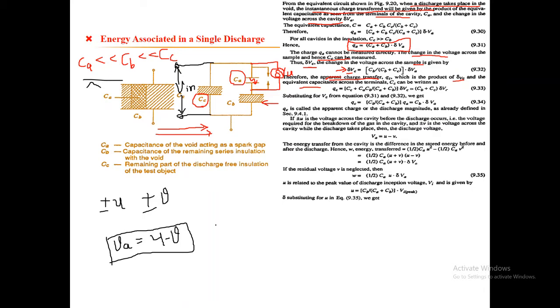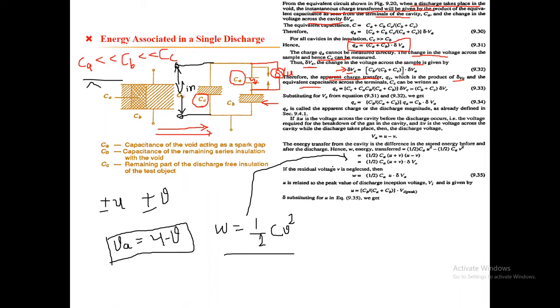So you know the equation to calculate the energy for this capacitor, that is W is equal to 1/2 CV square. That is the simple formula which is being applied here, and V is nothing but U minus V.